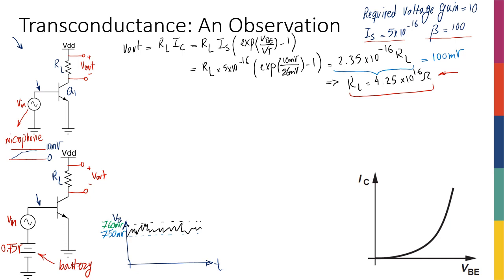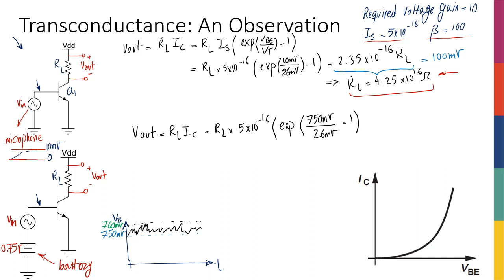Now let's do the calculation again. V out is the same story, it has the same equation. It is RL times IC, so RL times the IS that I had, 5 times 10 to the negative 16, times the exponential of, this time, 750 millivolts over 26 millivolts, minus 1.